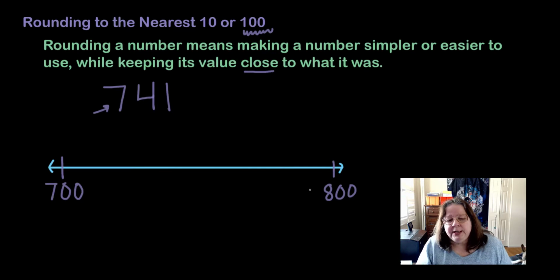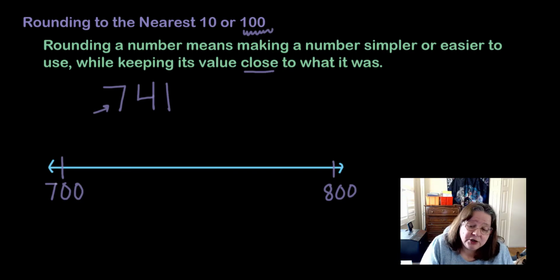Now, when we're using a number line to determine how to round our numbers, we want to determine the halfway point, because where this number falls on which half determines whether we're going to round down to 700 or round up to 800. So I can use what I know to help me figure this out.